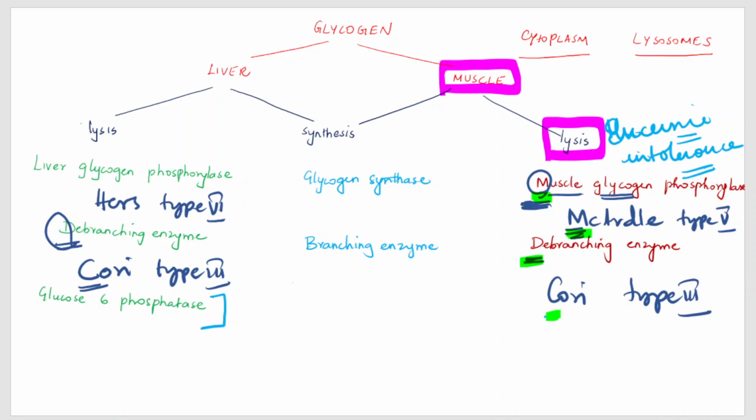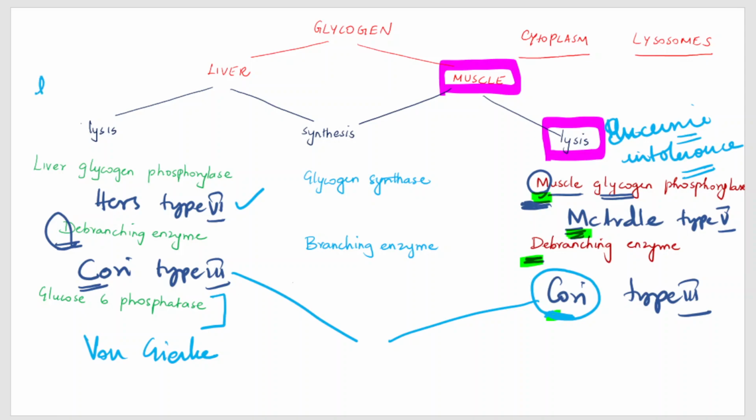Now if you see, Cori's disease is due to debranching enzyme, and the debranching enzyme is present both in liver and muscle. So Cori's disease will have both hypoglycemia symptoms and exercise intolerance. Whereas Her's disease and von Gierke's disease present with hypoglycemia and hepatomegaly only, whereas Cori's disease has both hypoglycemia and exercise intolerance.